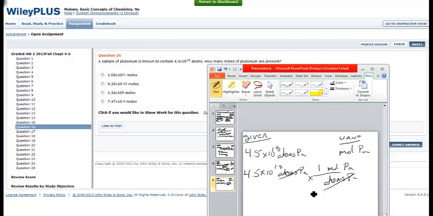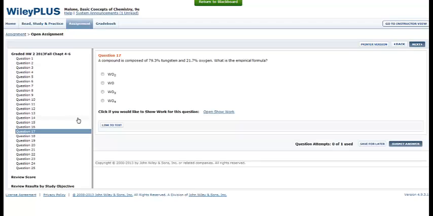And in any 1 mole of anything, there are 6.022 times 10 to the 23rd atoms. And so it's going to be 4.5 times 10 to the 18th divided by 6.022 times 10 to the 23rd atoms. Because in any 1 mole of anything, there are 6.022 times 10 to the 23rd of those. So that's question 16. Now moving on to 17.